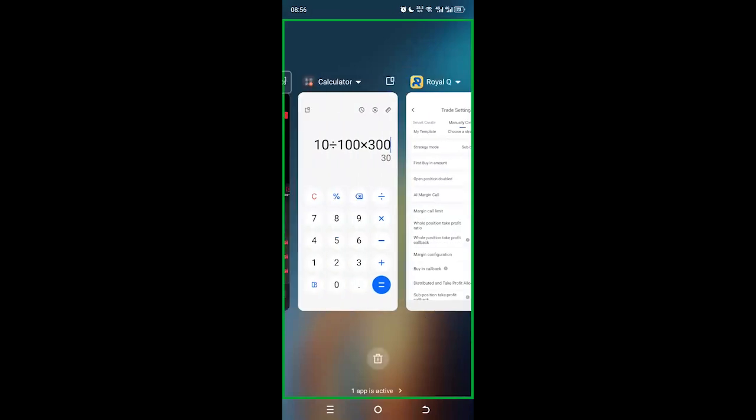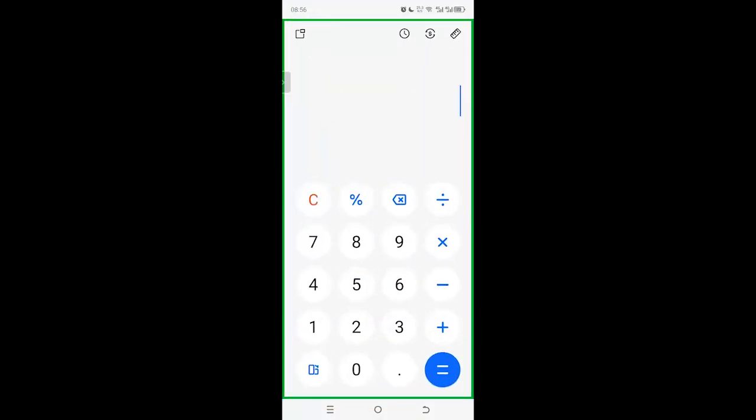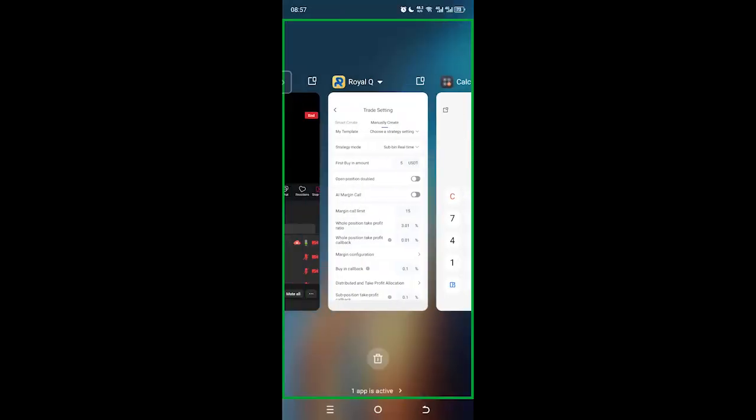Now listen to this. Remember, out of 300, you have already used 30. So that means the remaining is 270. Then 270 minus 5, which is another first buy-in amount, the balance will remain 265.